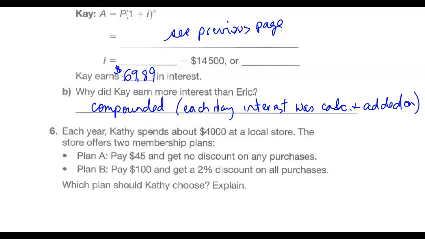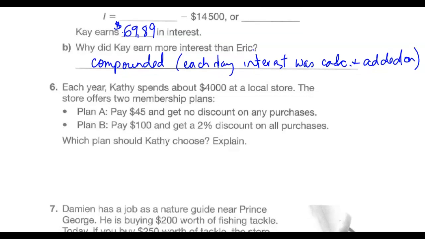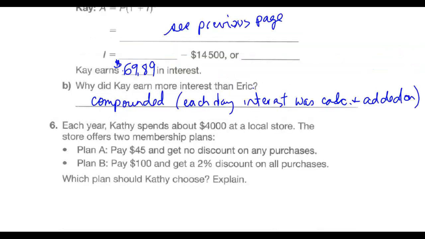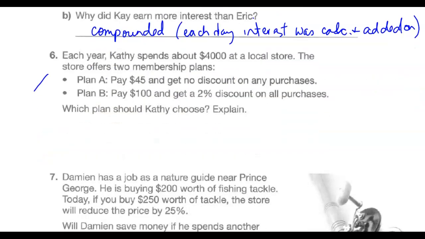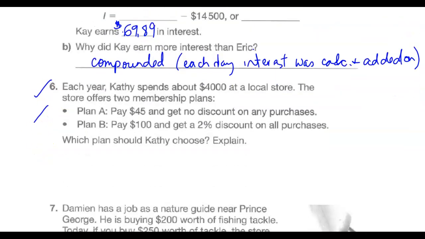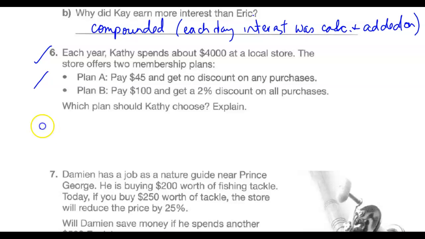Okay, she spends $4,000 at a local store. Okay, so basically, it's the amount for Plan A. So for Plan A, she's going to have to pay the $45 membership fee, and then she's going to spend the $4,000.